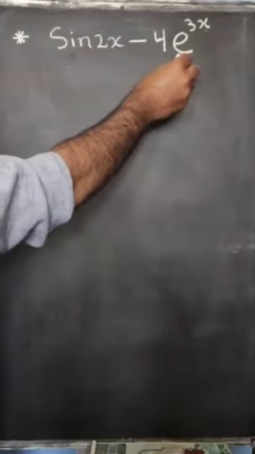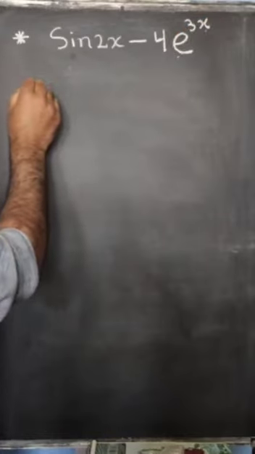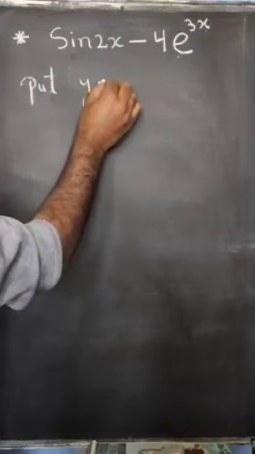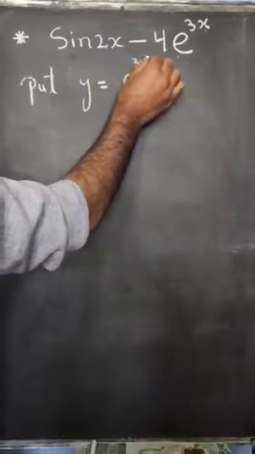To find the antiderivative of 4 times e raised power 3x, we put y is equal to e raised power 3x.